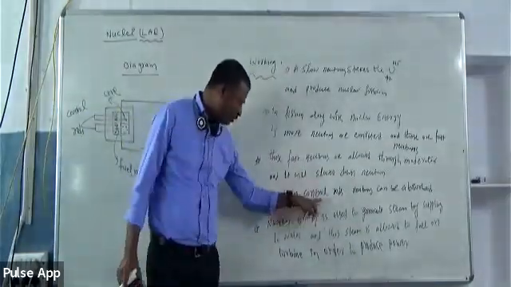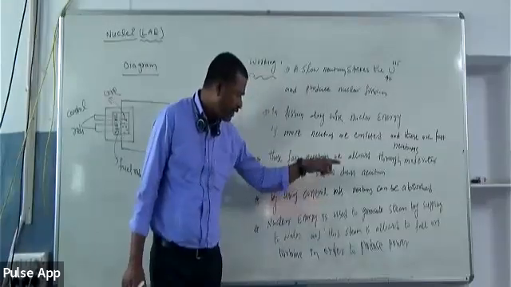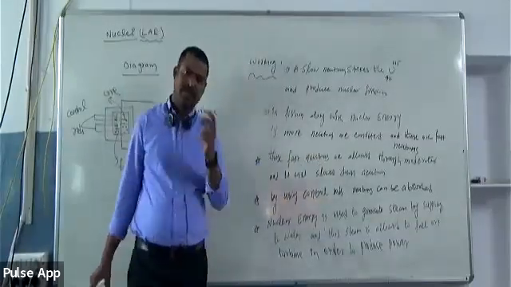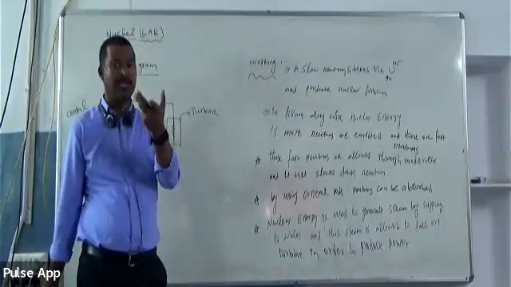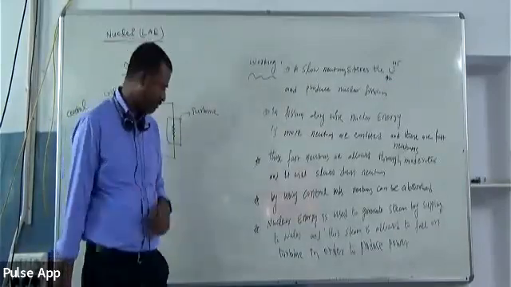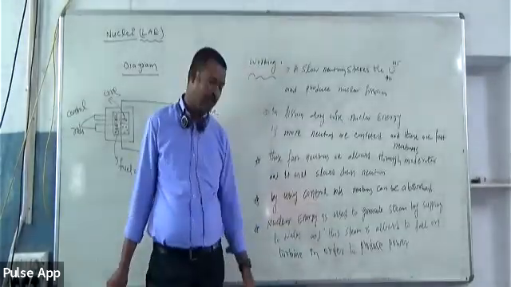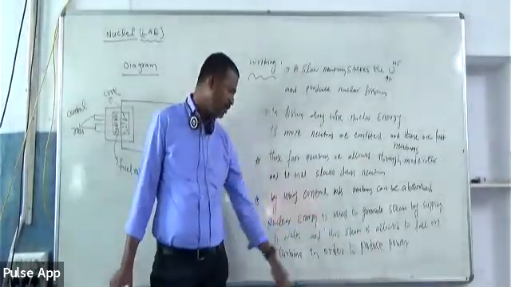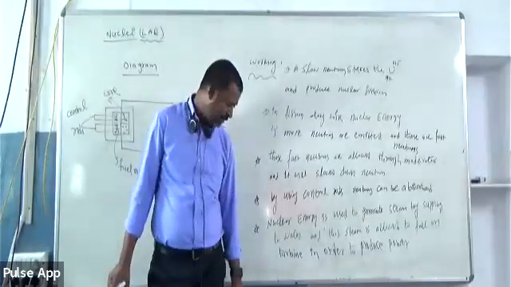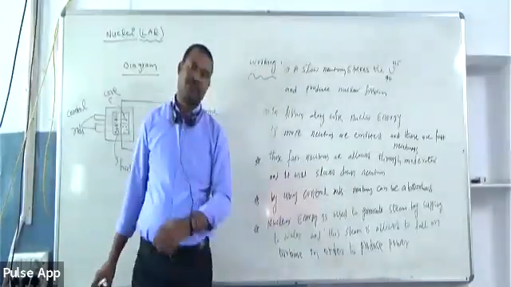By using control rods, neutrons can be absorbed. That means by using control rods, we can control the reaction. Nuclear energy is used to generate steam by supplying it to water, and this steam is allowed to fall on the turbine in order to produce the power.